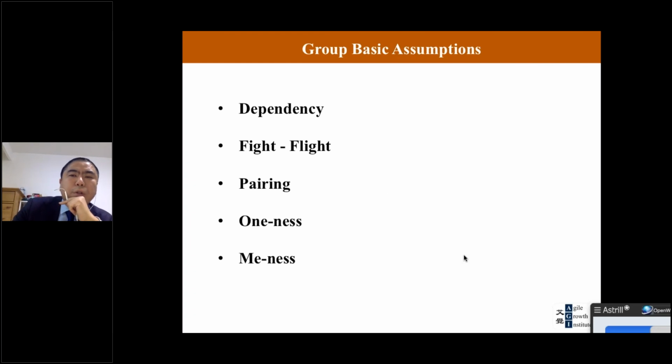When the group is driven by these defense mechanisms, it is working based on basic assumptions. There are five basic assumptions identified by researchers from the 1940s, which are dependency, fight and flight, pairing, oneness, and meness.